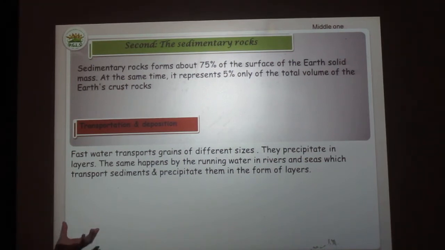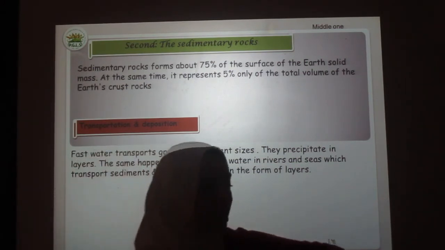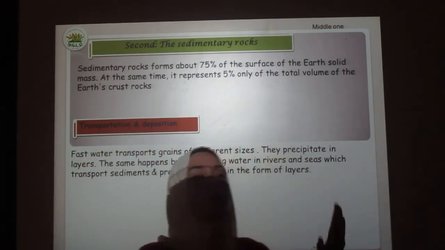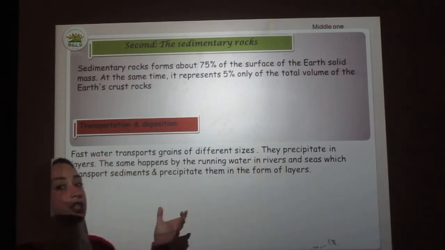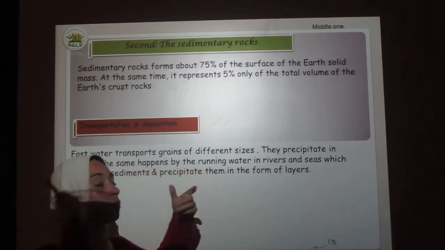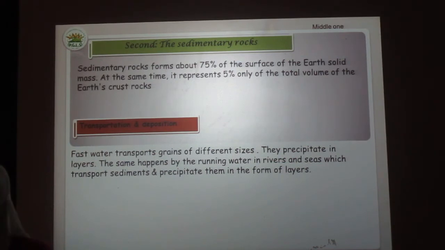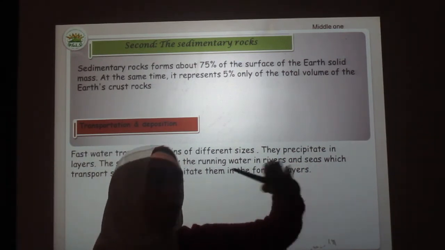Again, how did the sedimentary rocks form? They form by fast water that transports the grains or rocks of different sizes, and they precipitate them in the form of layers. The same happens by running water of the sea, which transports sediments from one place to another in the form of layers.